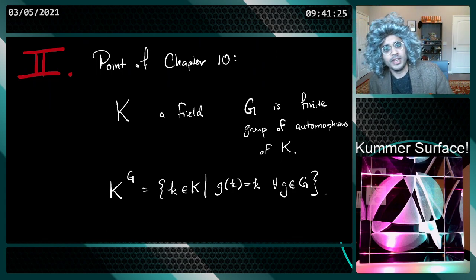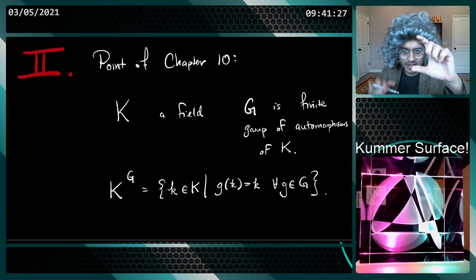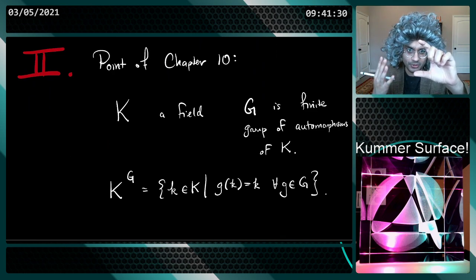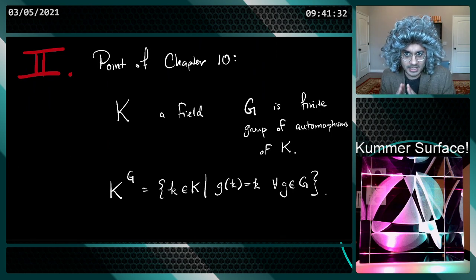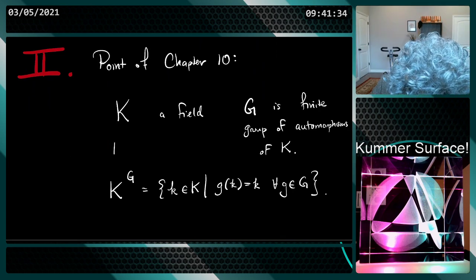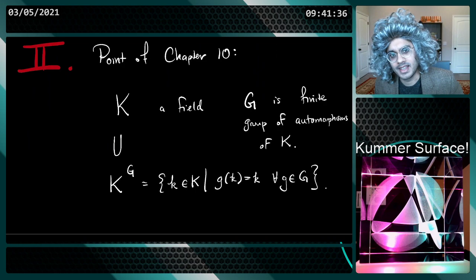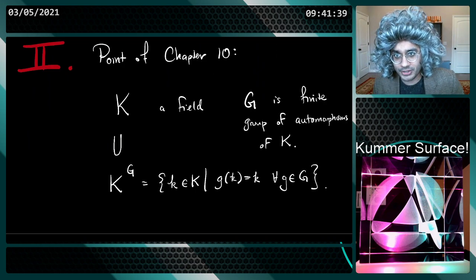Okay? So this is a fixed field. You have a field, a finite group of automorphisms on it, and therefore you get a subfield called K^G, the fixed subfield. And the point of chapter 10 is to tell you the distance from K down to K^G.